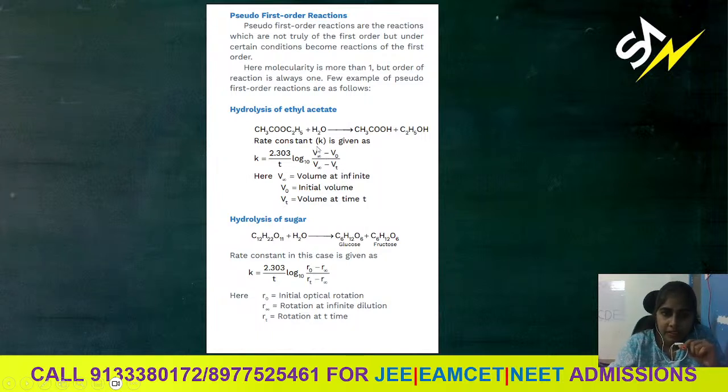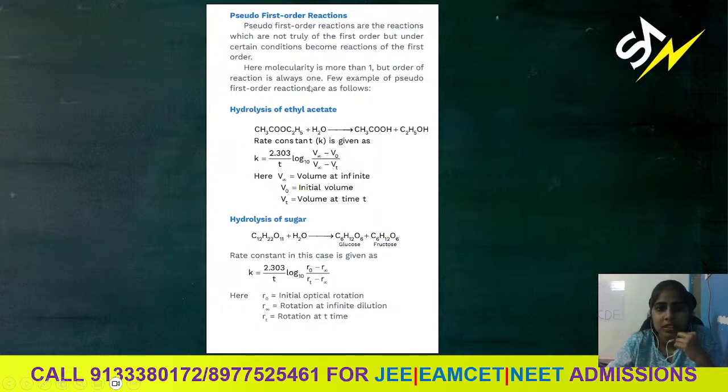Here we can see a new term, V infinite. This is under certain conditions we are using the term V infinite. If we take this hydrolysis reaction to infinite, we are using V infinite minus V naught by V infinite minus volume at time t. So this is the specific condition for pseudo first order reaction.